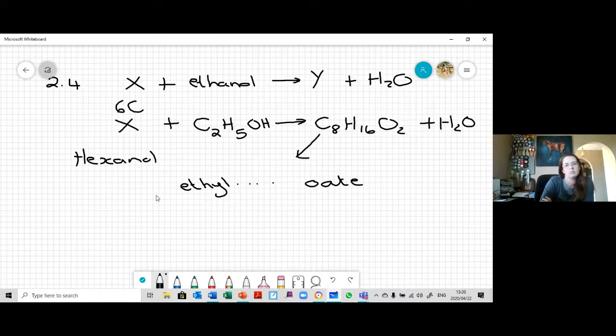Okay, and remember that hex there tells us what name goes there. Okay, so that is how I would approach a question like this. I would go, look, how much does the ethanol contribute? 2. How much does the acid therefore have to contribute to get to 8?